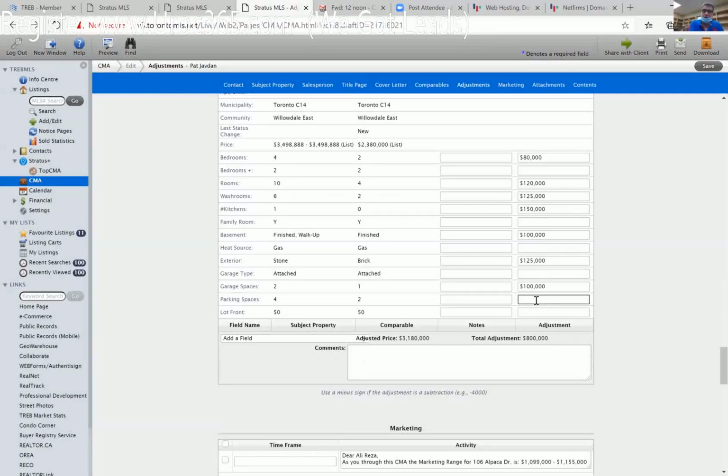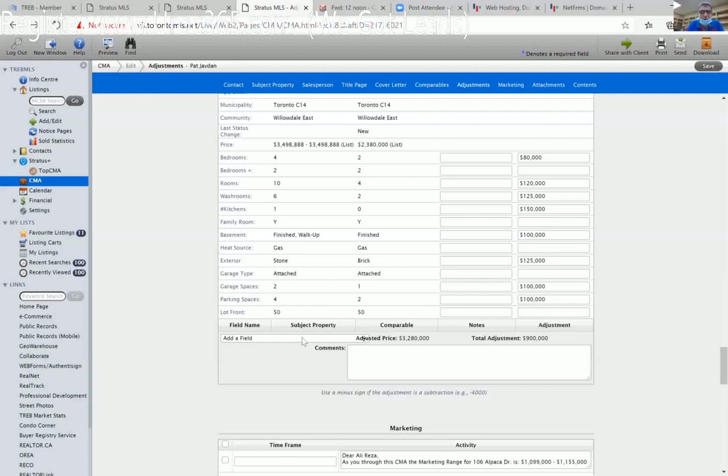I also consider landscaping here for the parking space, because I'm sure they made a stone driveway that can accommodate at least 4 cars. Therefore, it's 100,000. Lot 50-50, that's okay. Now we can also add fields here. There are many fields that you can add here.